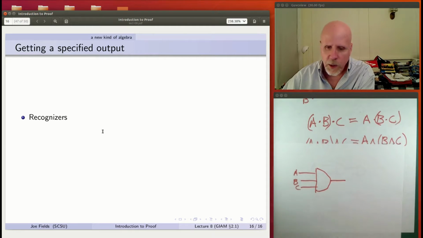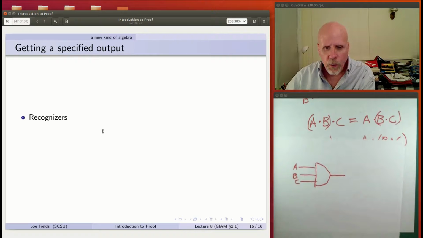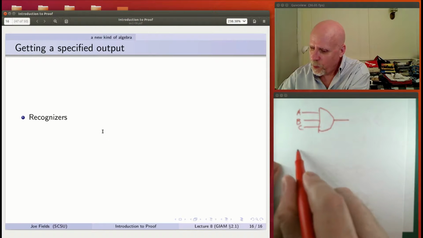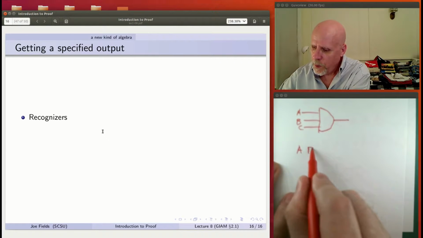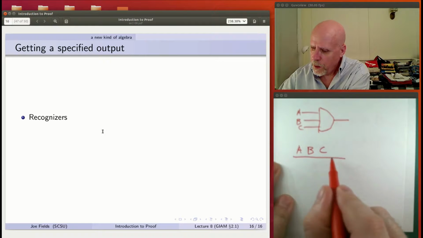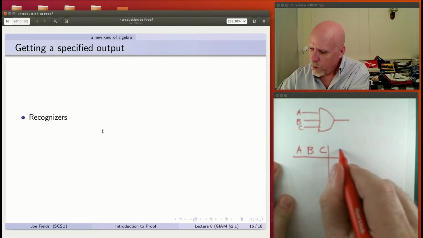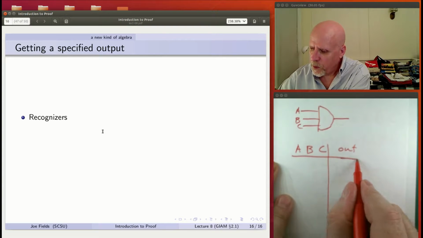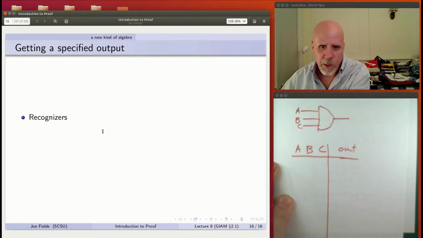If the input lines are A, B, and C, what does this guy do? It's going to be horrible, but let me go ahead and make the truth table for this. A, B, C. We'll say our output here. I'm going to use true and false for the output, even though it would probably be 5 volts and 0 volts if it was real logic.